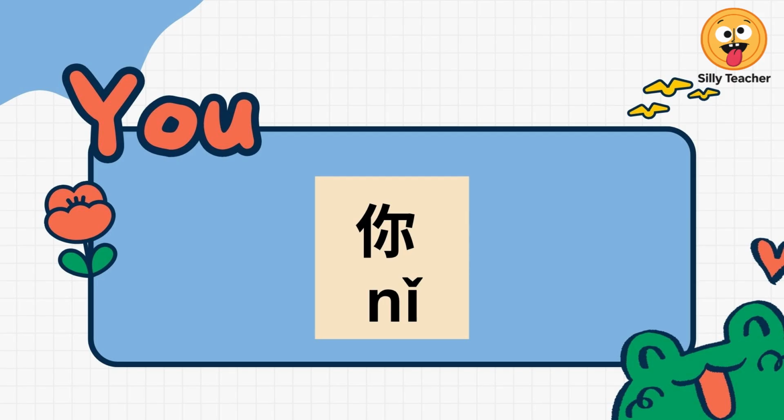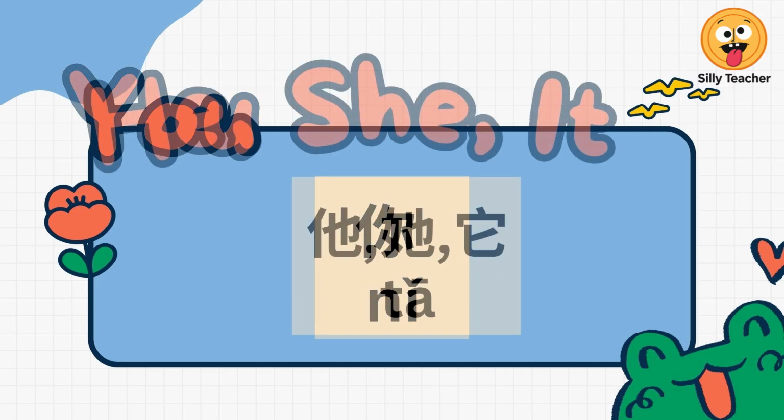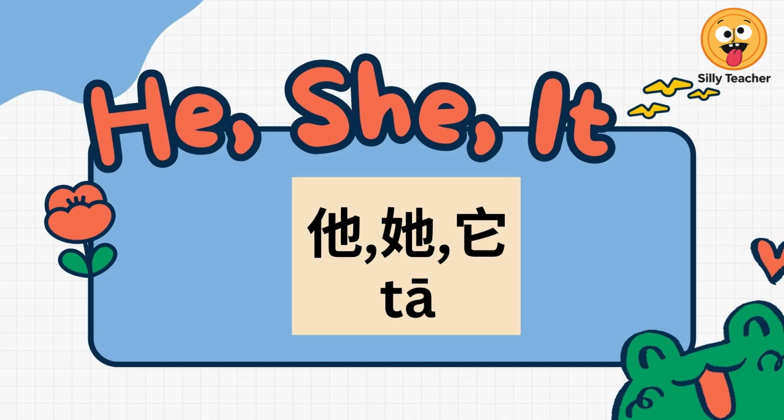Now the third word that we are about to learn is he, she, it. Now he, she, it in Mandarin is 他. Make sure you're blowing because it starts with alphabet T. Hence you got to blow. 他.